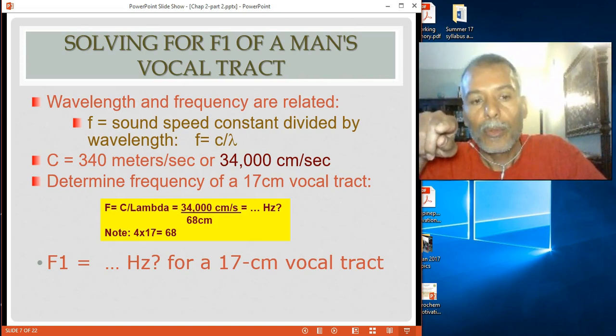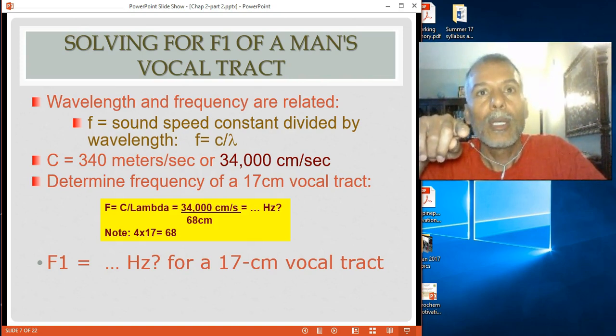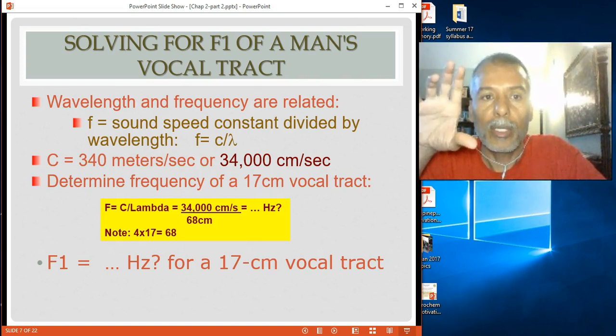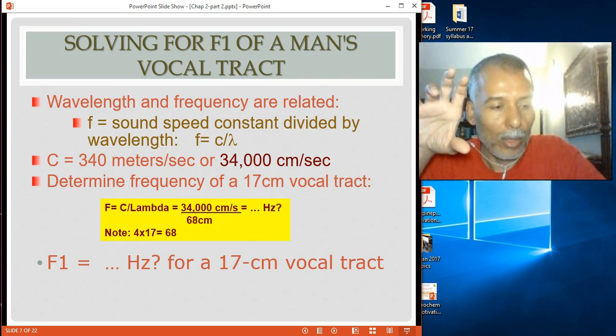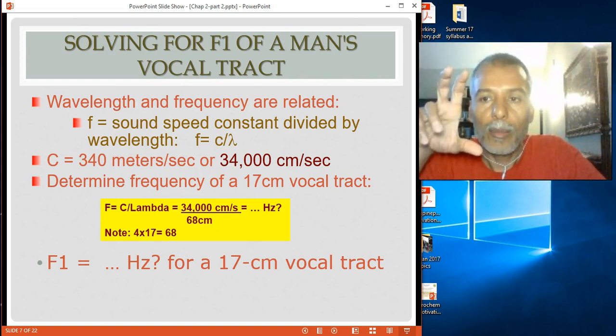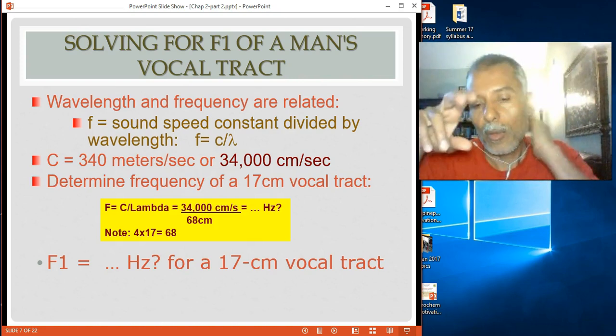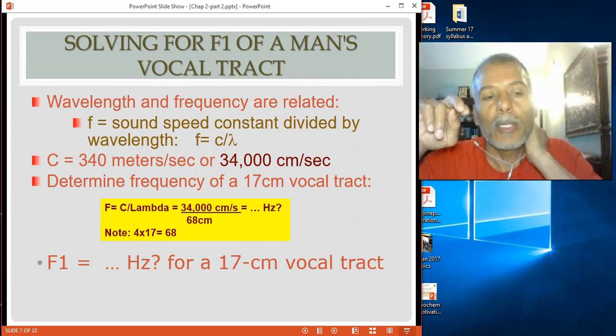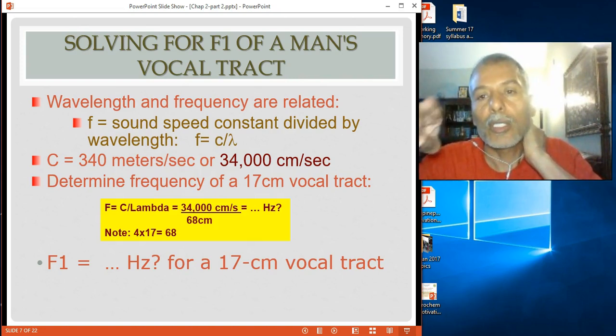Then F2 would be twice as high. F1 is the first vibration, the fundamental. It acts like the fundamental frequency, the bass. So the first resonance that comes after that is twice as high.